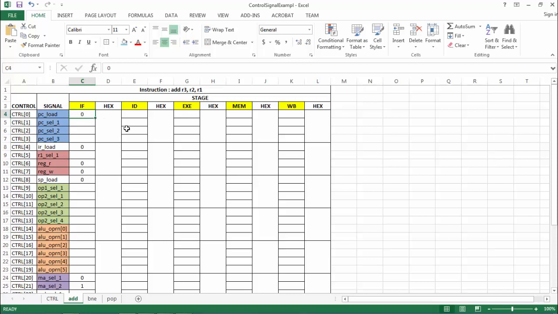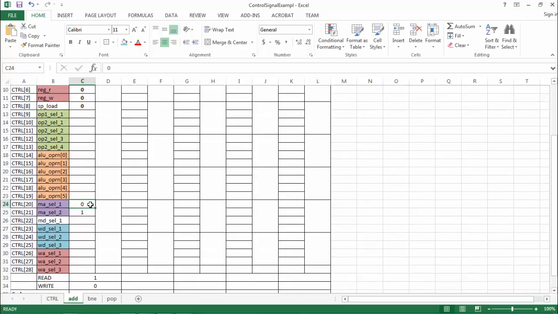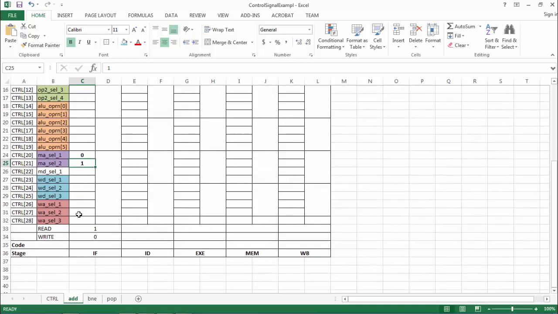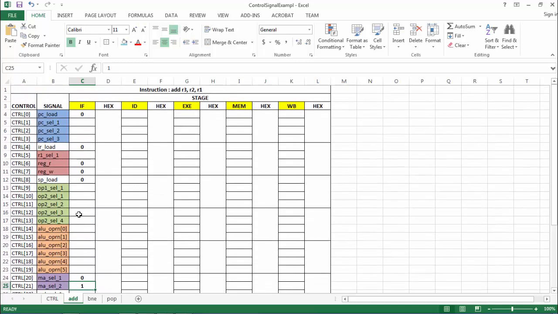I'm just bold facing these because these are the must signals for this operation. Everything else is a don't care for me. We'll fill up the don't cares with 0 later. Let's just keep it like that.